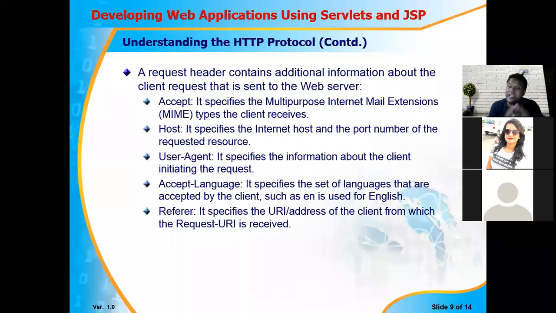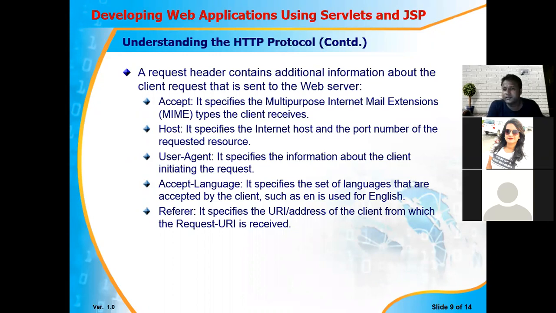Okay, means any type of information you get through the MIME type. Host specifies the internet host and port number where you are originating the request. I am originating the request from my laptop or from my desktop. So it contains the address of my laptop or my desktop.